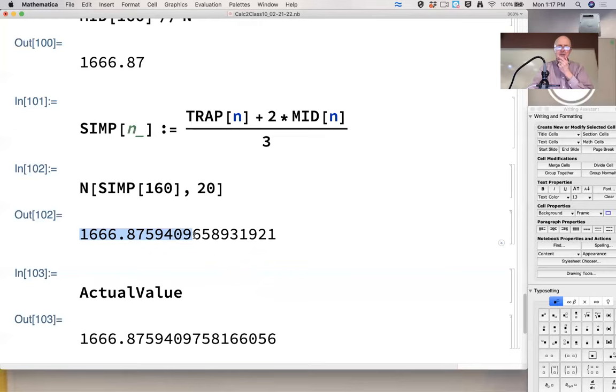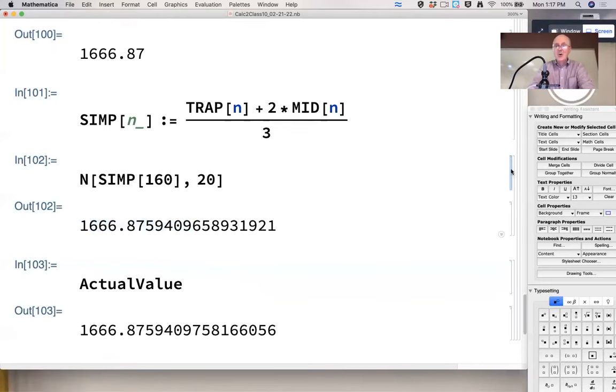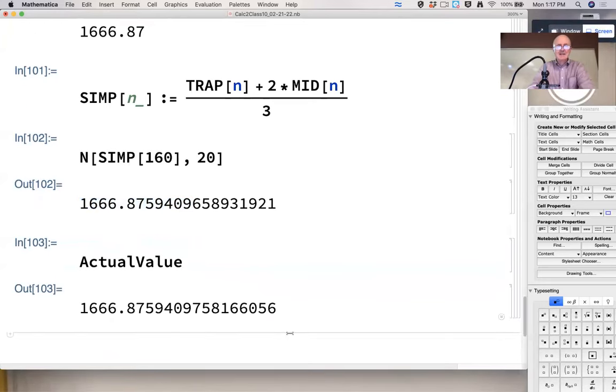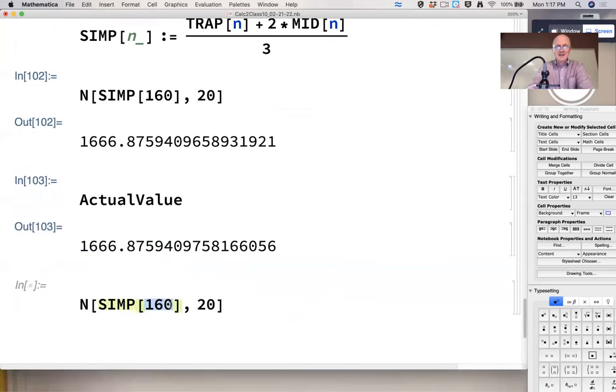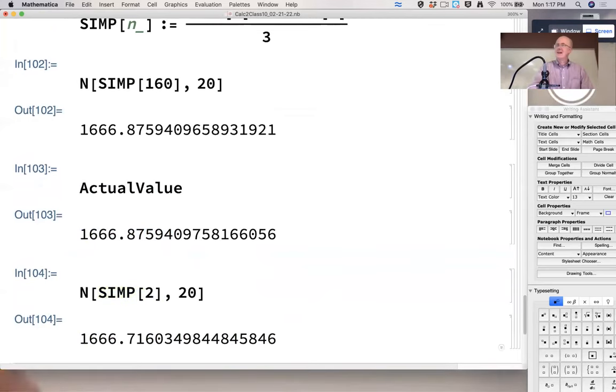Yeah, 7 places after the decimal, 11 significant digits. Pretty good. It even does a pretty good job when n is 2. I mean, it's not as good, but it's pretty good. 1666.716. Yeah, that's pretty good for n equals 2.